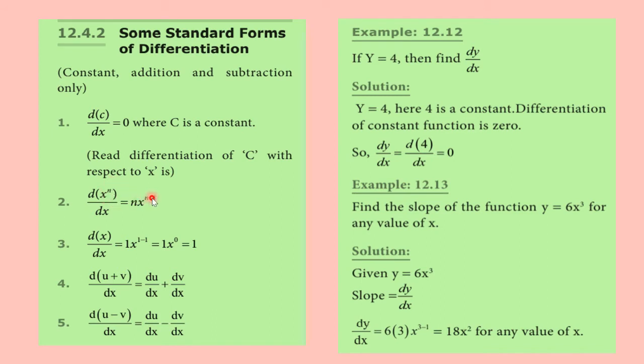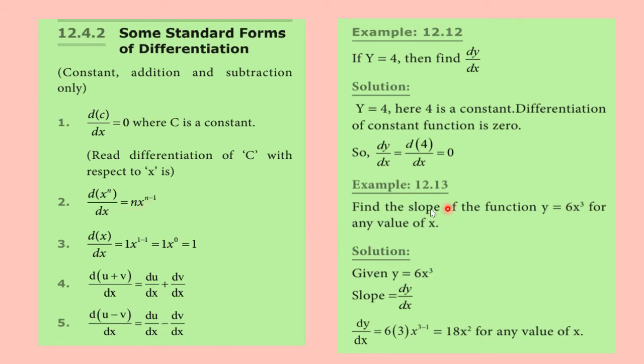Two things we have to do: bring the power to the front, and next, subtract 1 from the given power. So it becomes n into x power n minus 1. So differentiation of x power n with respect to x is equal to n x power n minus 1.